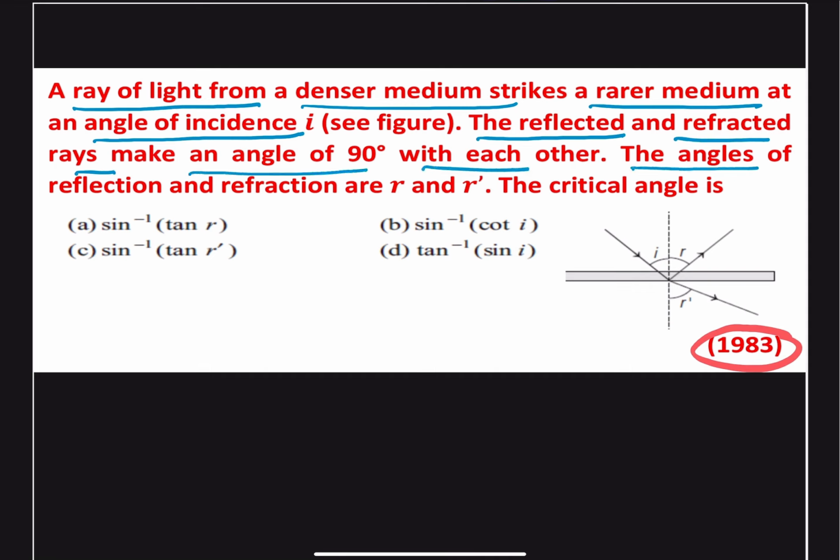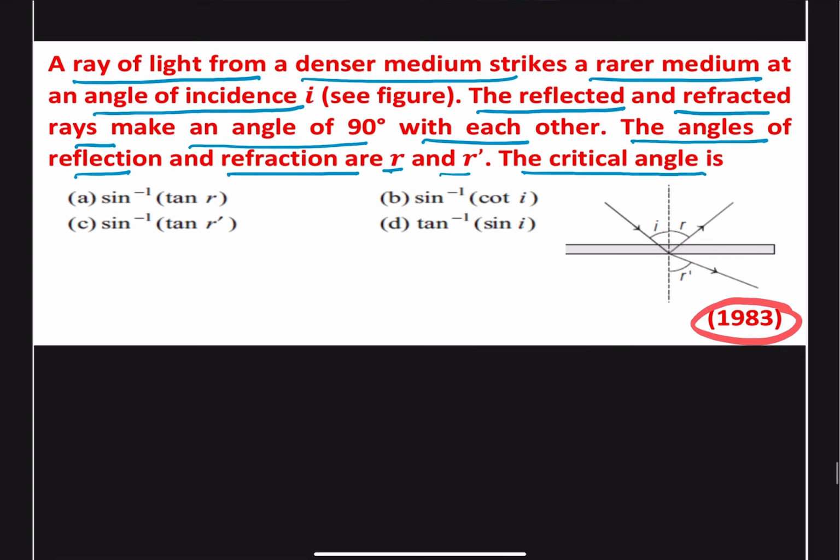The angles of reflection and refraction are r and r prime, then the critical angle is. So we are given the figure. This is our incident ray, and the incident ray is partially reflected and partially refracted. We are given the angles as r and r prime, and between these two it is 90 degrees.